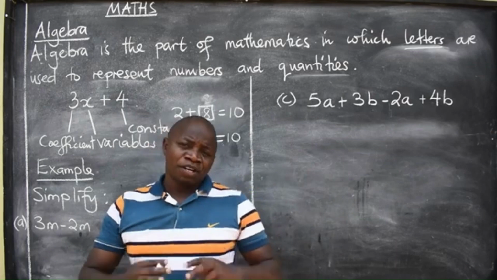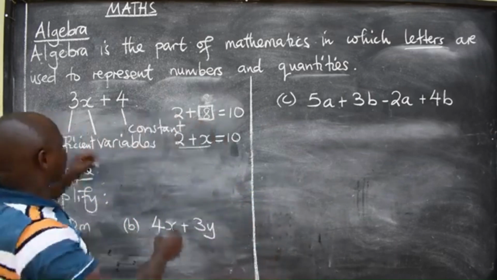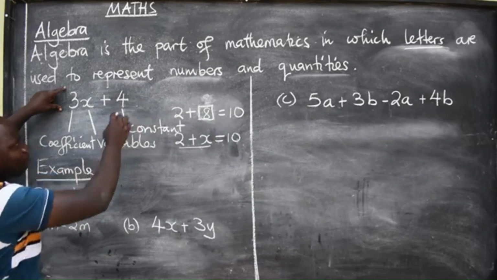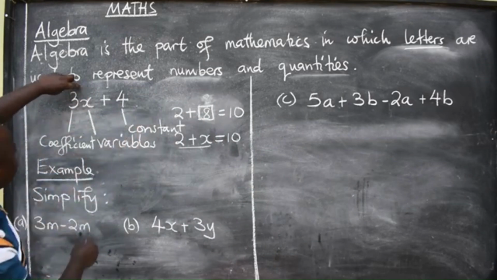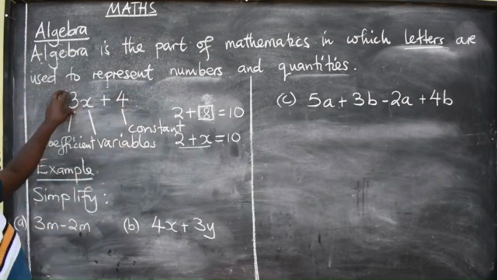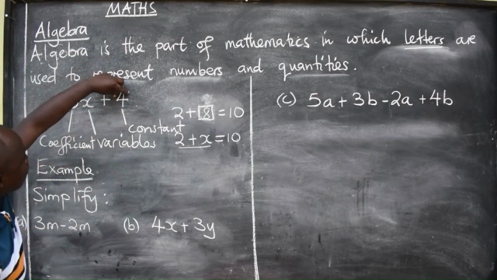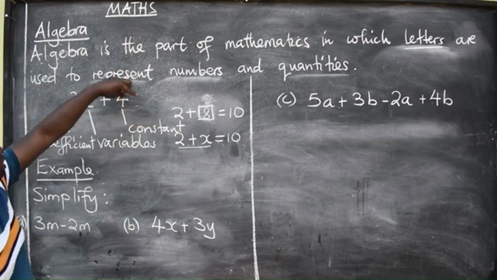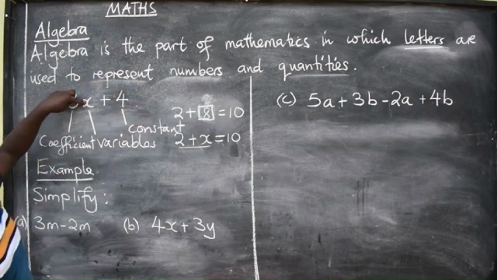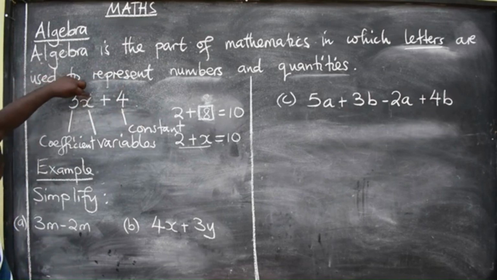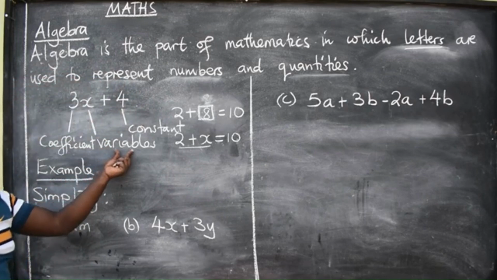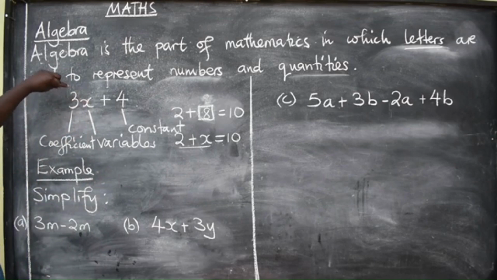Hope we are following. So this is an algebraic expression. These are terms; here we have got two terms. The 4 stands for a constant, since it doesn't have a letter or variable. The letter is called a variable. Then the number in front of a variable is the coefficient.